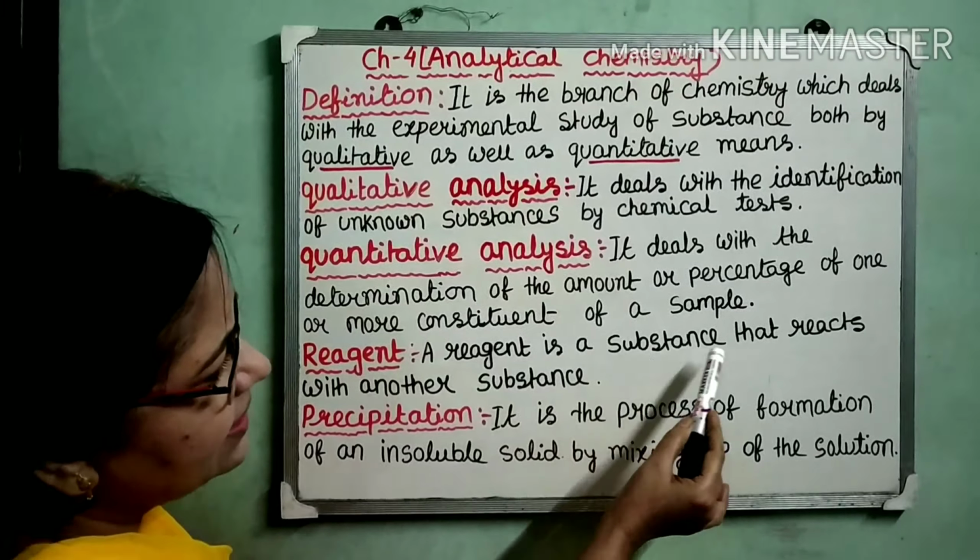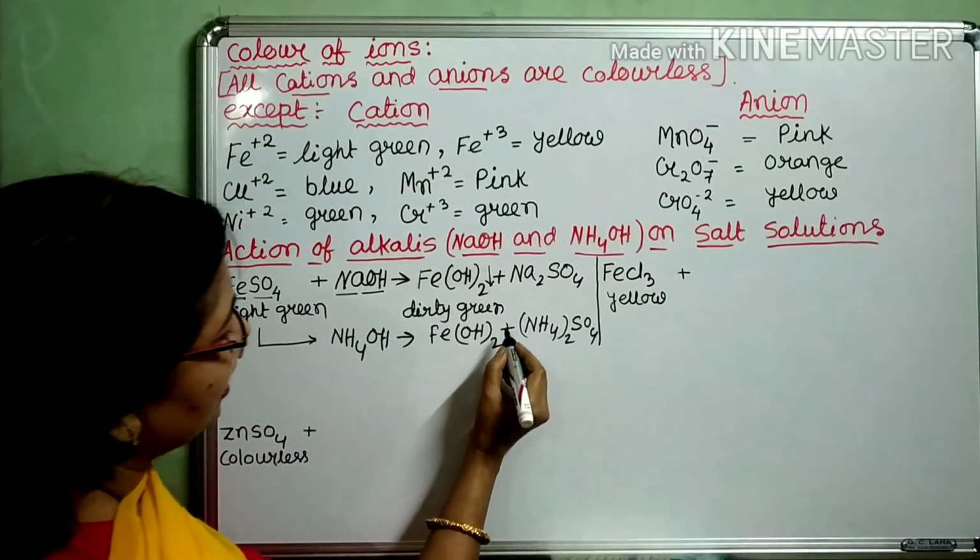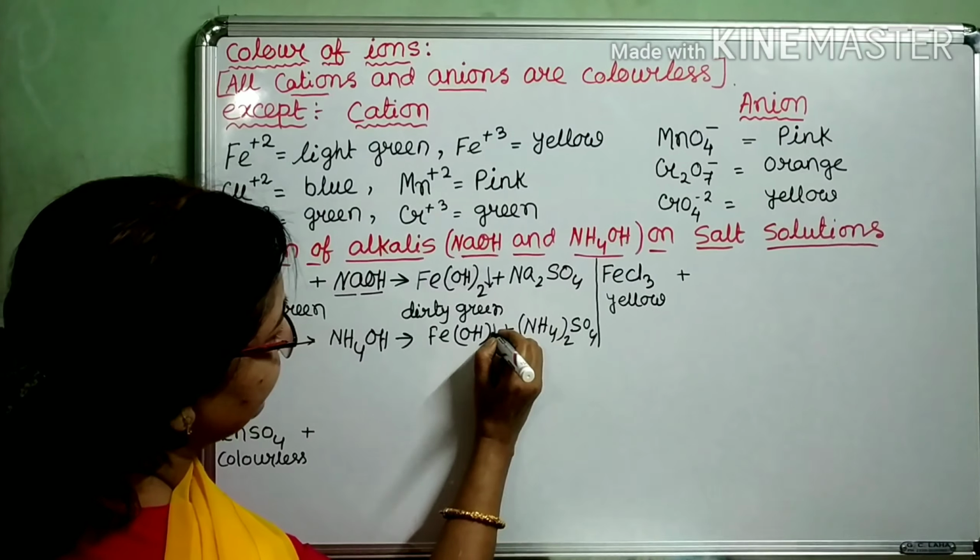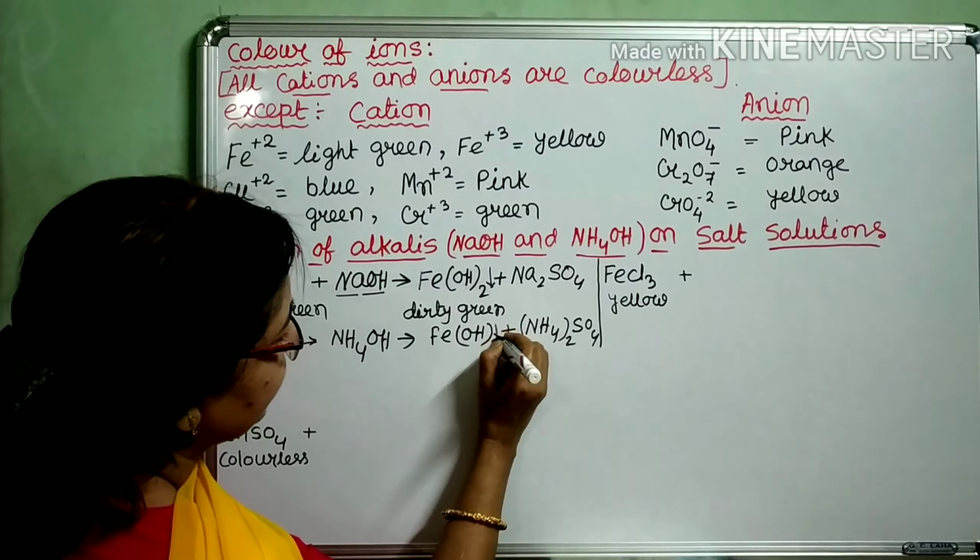And when excess NaOH and NH4OH are added to FeSO4, it is also insoluble. This sign means insoluble. So when NaOH or NH4OH is added to FeSO4, the ferrous sulfate solution, a dirty green colored precipitate is formed. Metallic hydroxide is formed along with Na2SO4 and ammonium sulfate, and the precipitate is insoluble.